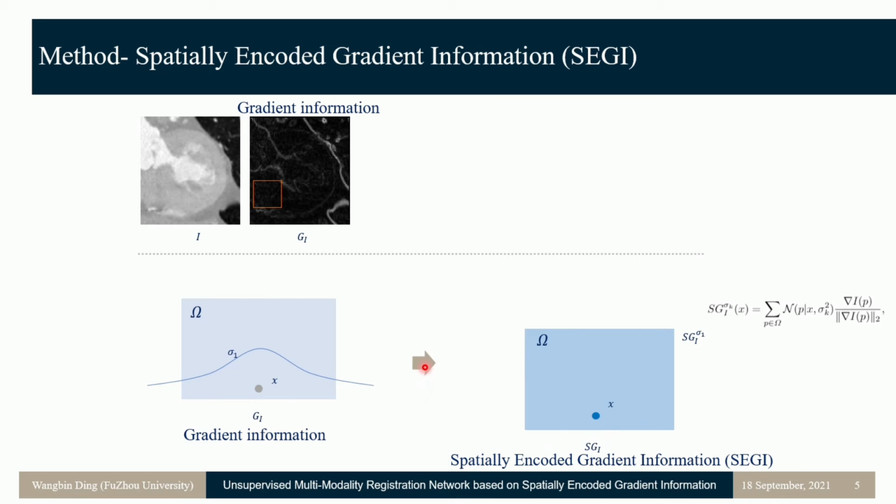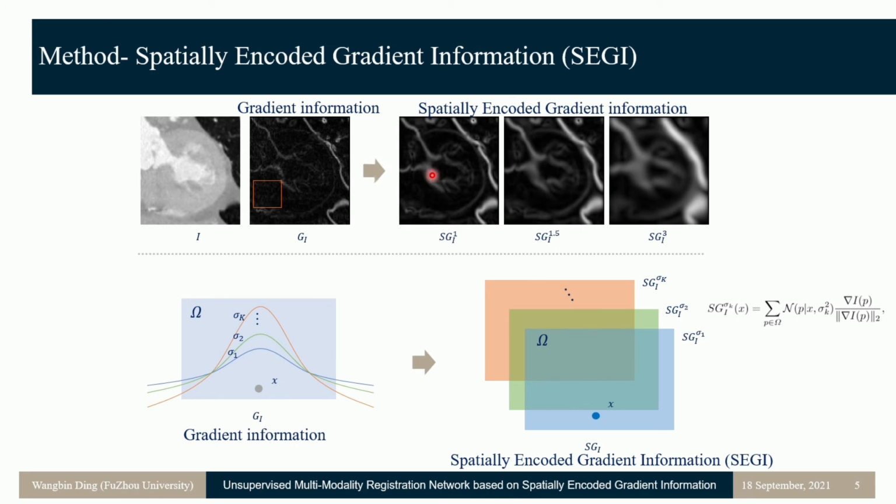Then we can obtain a more robust spatially encoded gradient information. Moreover, we can use multiple Gaussian kernels and obtain multiple corresponding spatially encoded gradient information. Here, we display three examples of spatially encoded gradient information. They are obtained by using different Gaussian kernels.